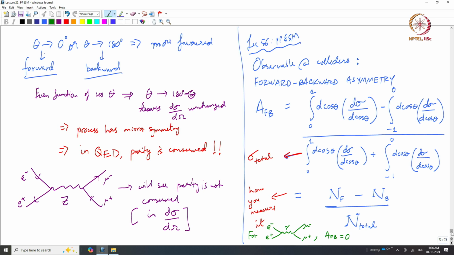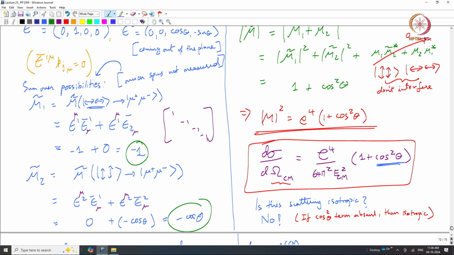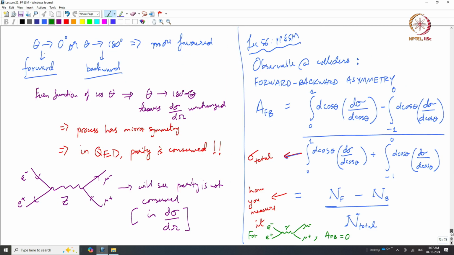You can see this right away in the cross section itself. If I integrate from -1 to 0 or from 0 to 1, they're both the same. That's literally what it means to be an even function. Or think of it the physical way: you have parity conservation in QED. So by mirror symmetry, I should have equal numbers of events in the forward hemisphere and the backward hemisphere.